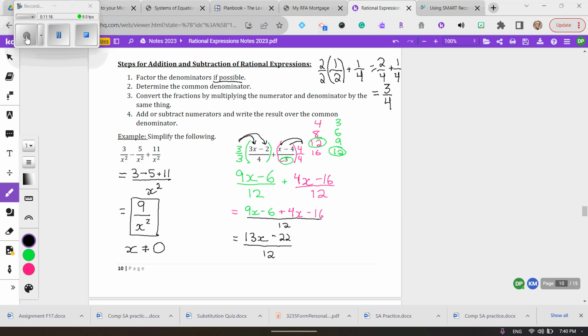So I see here 13 is a prime number, so I won't be able to simplify this any further. So then I can just state my non-permissible values. Remember, for my non-permissible values, I need to go back to the original question. Oh, look at that. There are no variables in the denominator of my original question, so I don't have any non-permissible values.